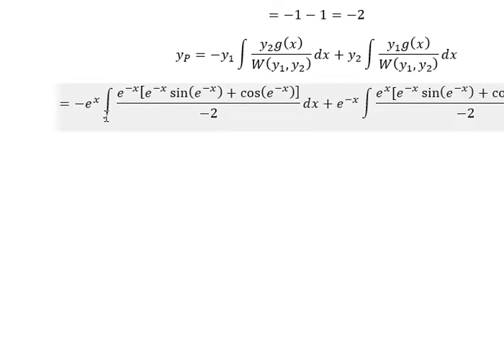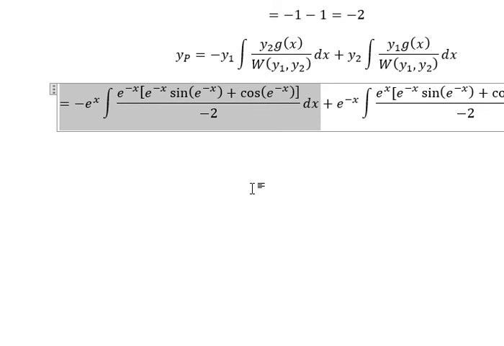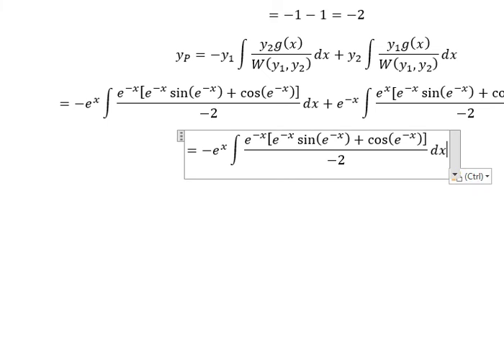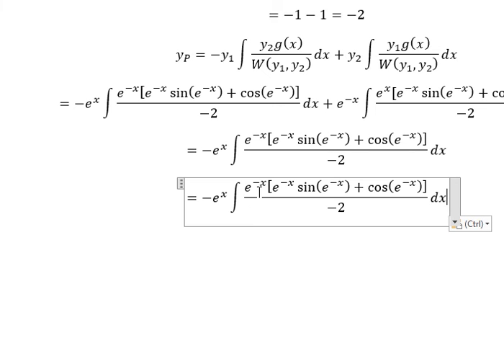So now we consider this one. e to the power of negative s multiplied by this one and this one.